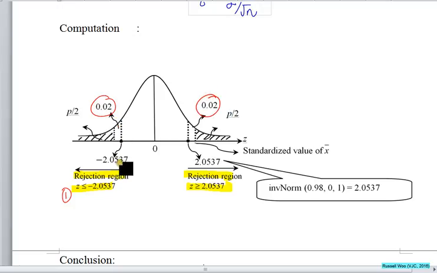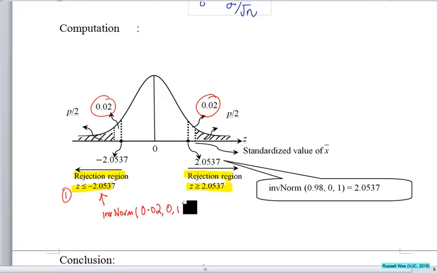How do we calculate this value? We inverse norm 0.02, because it's a standard normal. Z standard normal.